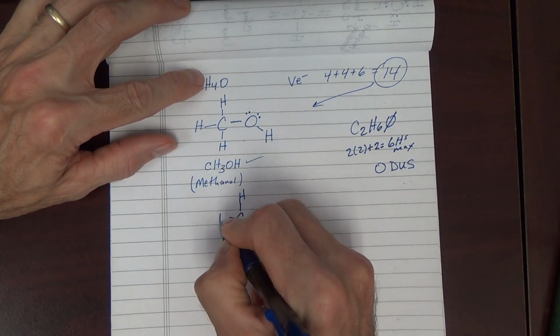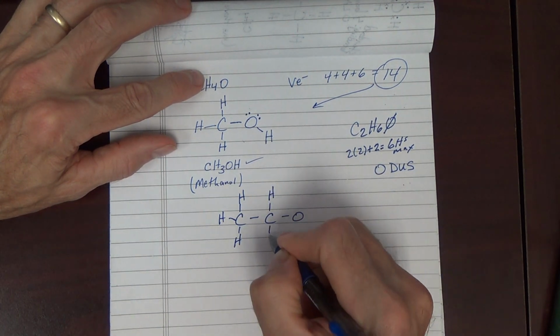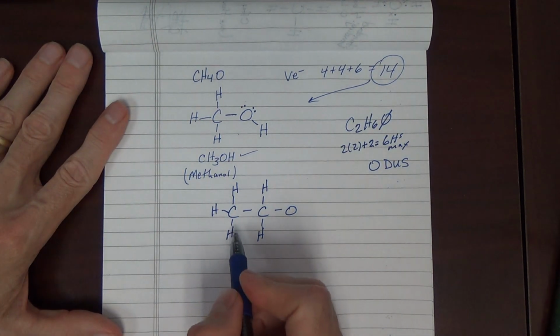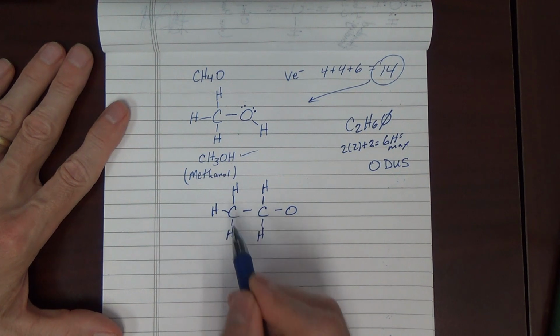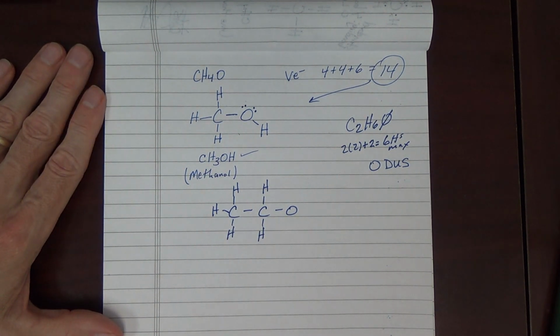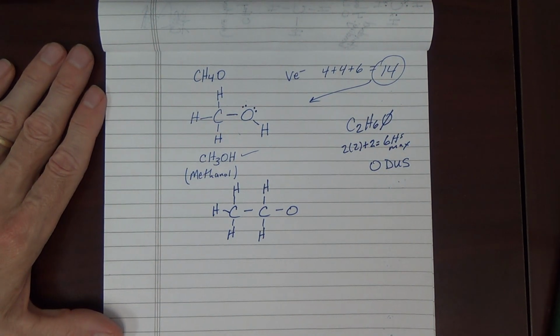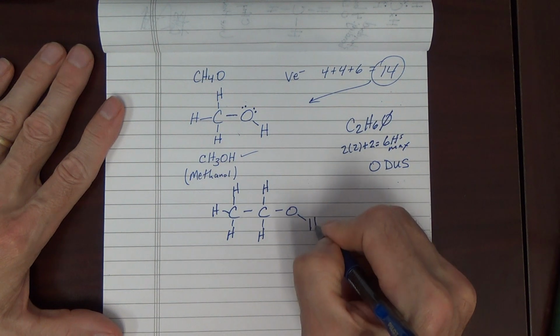H here, H here, H here, H here, H here. And now each carbon has an octet, 2, 4, 6, 8, 2, 4, 6, 8, 8 electrons around each carbon through covalent bonding. We have one more H, and where might it go? We can then place it on the oxygen.